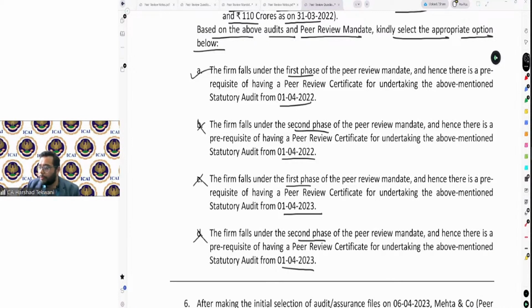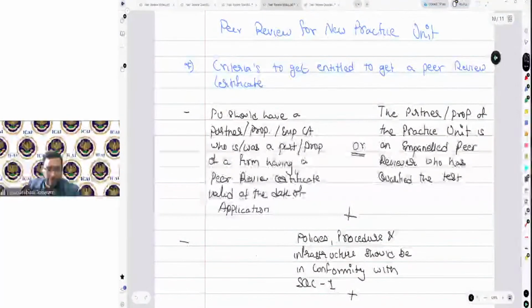Okay. Now, with respect to your question, Namrata, that a partner or proprietor has carried out audit of the last 3 years in the case of a new unit and has carried out audit of a listed company for 3 years. But there is a gap of 2 years between the audit carried out and the application for peer review by the new unit. Then, if you go back to the criteria of the peer review for the new unit, let's go back to the criteria.